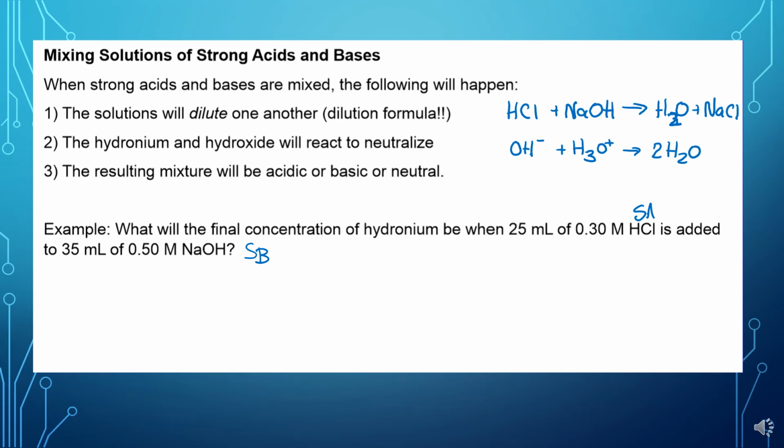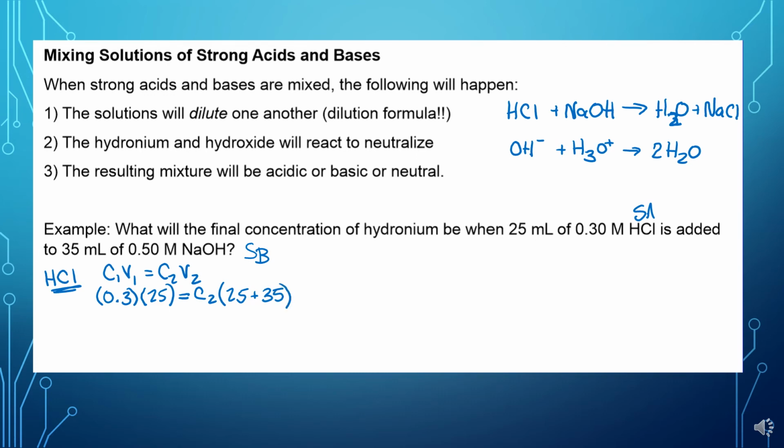So what we're going to do is look at how those solutions dilute one another. I'm going to look at it from two perspectives. First, the hydrochloric acid. I'm going to use my dilution formula, C1V1 equals C2V2. The original concentration of hydrochloric acid is 0.3. Original volume is 25 milliliters. And you can change that to liters if you'd like. It doesn't matter with this particular equation, as long as you keep it consistent throughout.